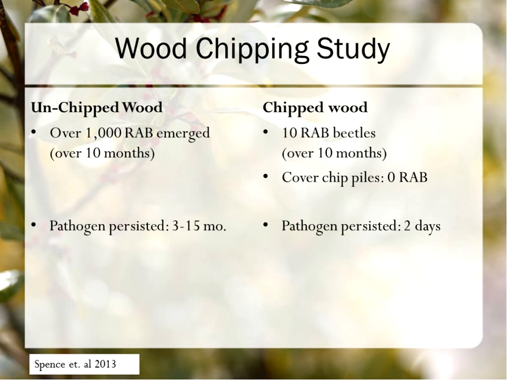This is just a comparison. In unchipped wood, for the same volume of wood, they were able to rear over 1,000 redbay ambrosia beetles over the course of 10 months, whereas when they chipped that same volume of wood, they only got 10 beetles out. If they covered these chip piles, they caught 0 beetles.